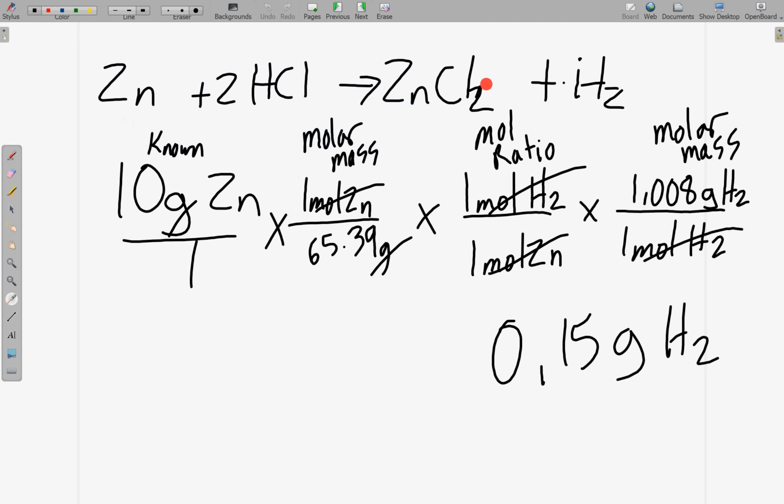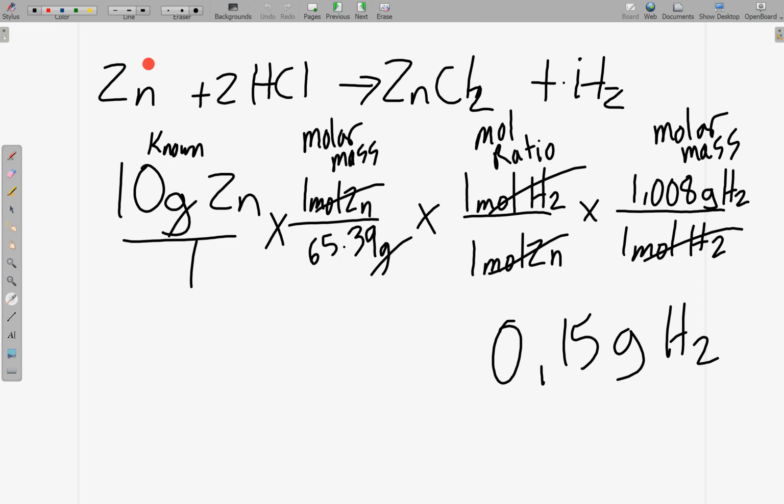So we have the equation: 1 mole of zinc plus 2 moles of hydrochloric acid produce 1 mole of zinc chloride plus 1 mole of hydrogen gas. All right. If you are given 10 grams of zinc and you need to know how much hydrogen is produced, because maybe you have a hydrogen powered car, I don't know, then the first thing you have to do is find the molar mass of zinc and convert from grams to moles.